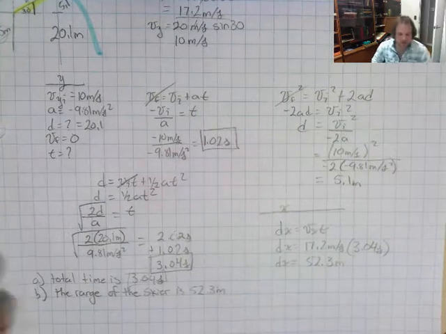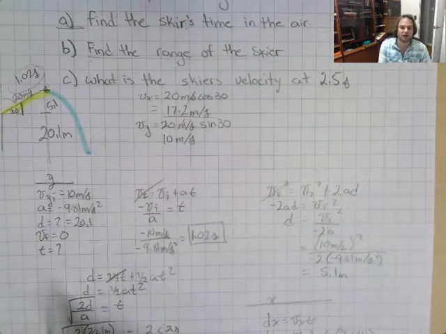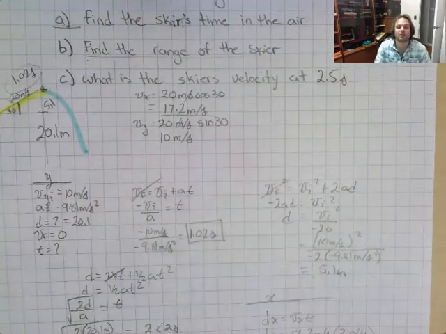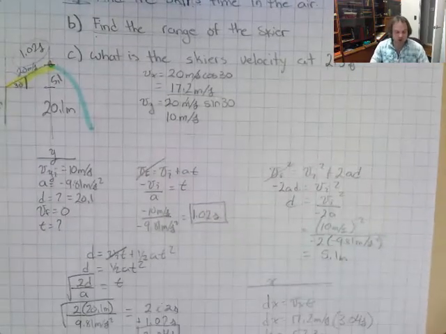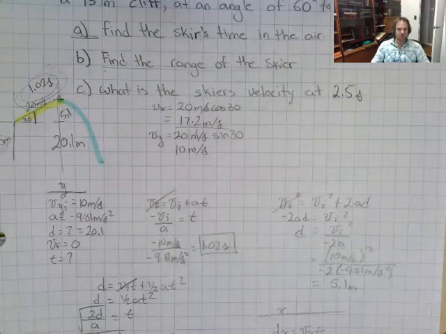Now we're just going to have to find C, which is my time. What is the velocity of the skier at 2.5 seconds? Well, we know it takes 1.2 seconds to go here. My x is always the same.